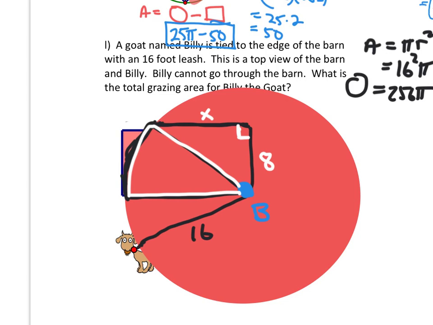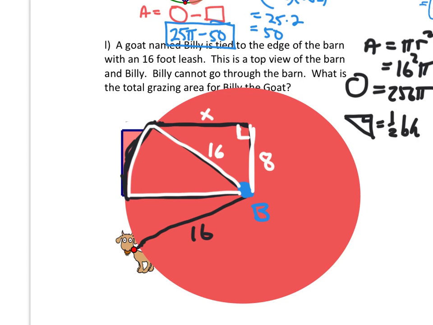Then we need the area of the triangle, which is 1/2 base times height. We know one of those dimensions is 8, the width of the barn. We need to find that x dimension of it. So we know that the hypotenuse is the length of the leash, which is 16.